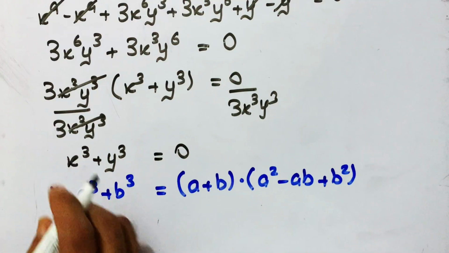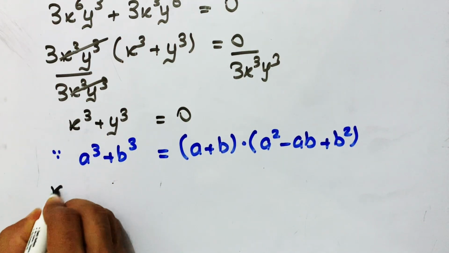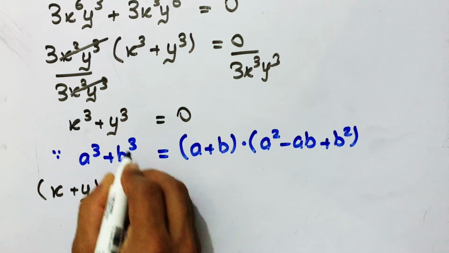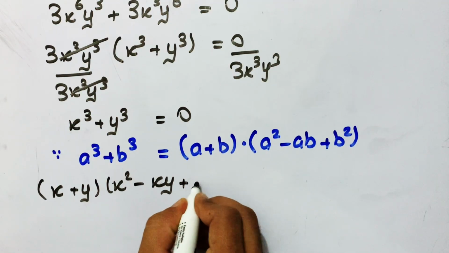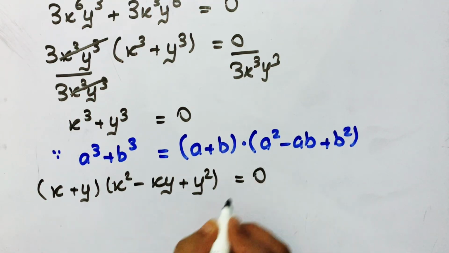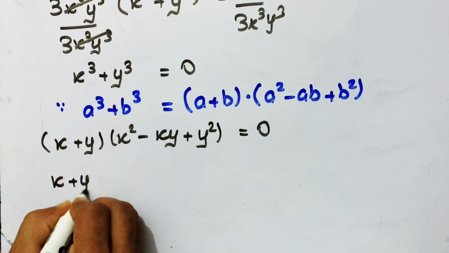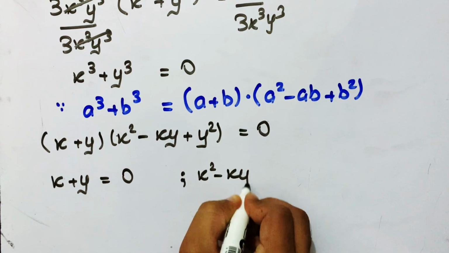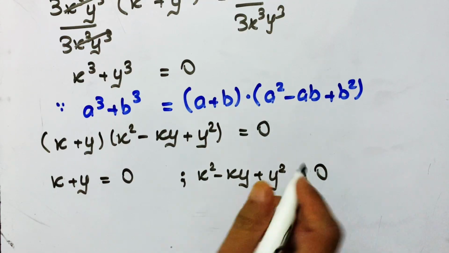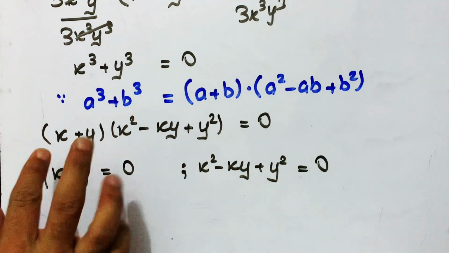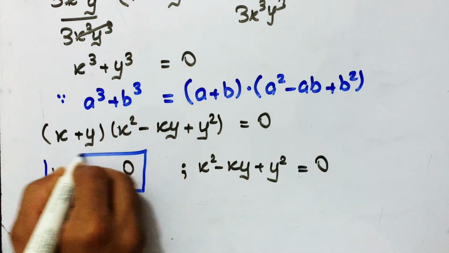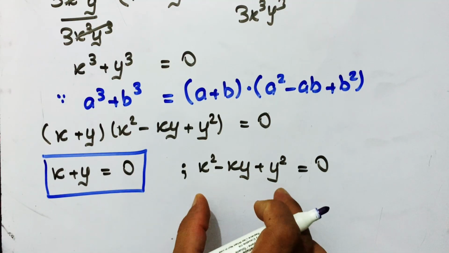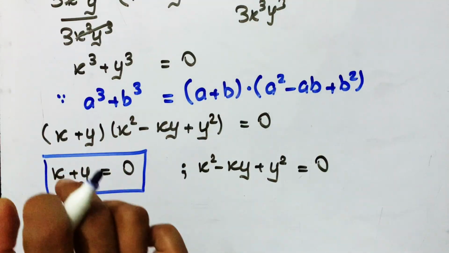So our equation will be (x plus y) into (x square minus xy plus y square) equals 0. This means there are two factors: x plus y equals 0, or x square minus xy plus y square equals 0. The first gives a solution of x plus y, but let's find the solution of the other term, x square minus xy plus y square.